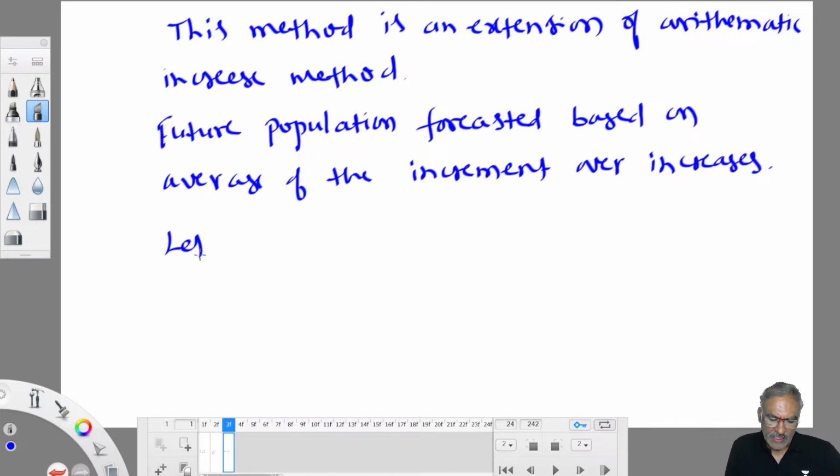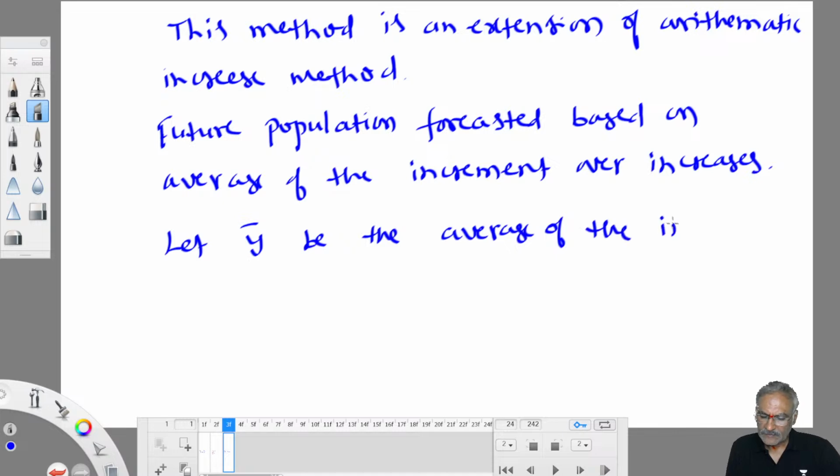So let us assume, let y bar be the average of the increment over increases.